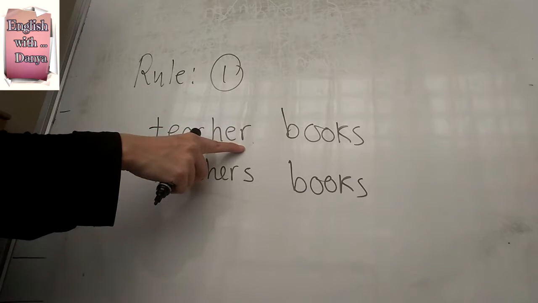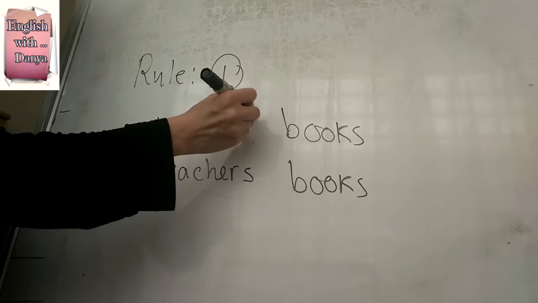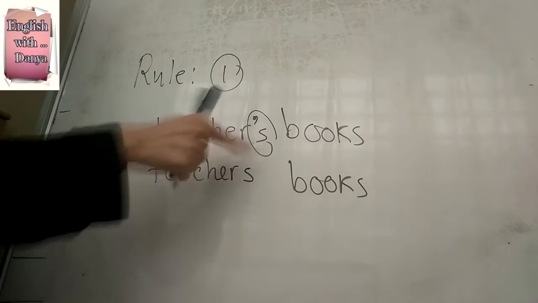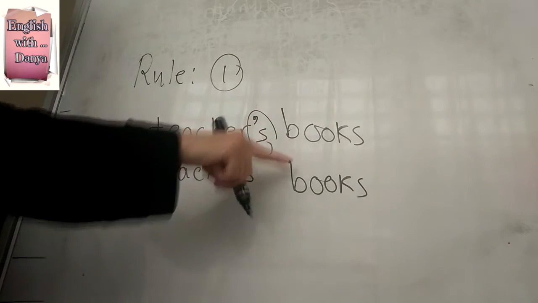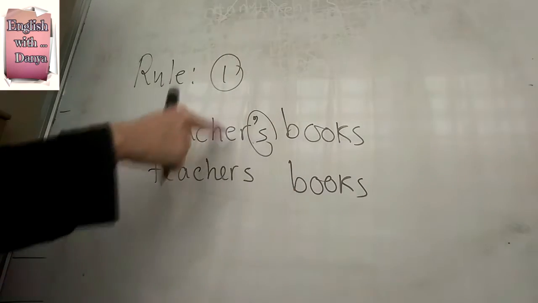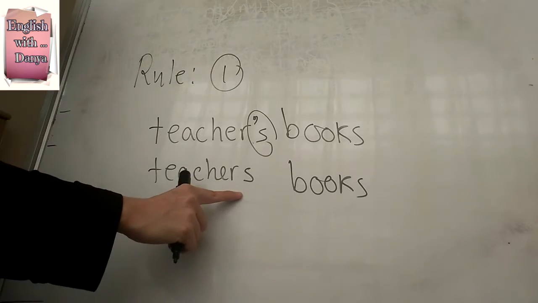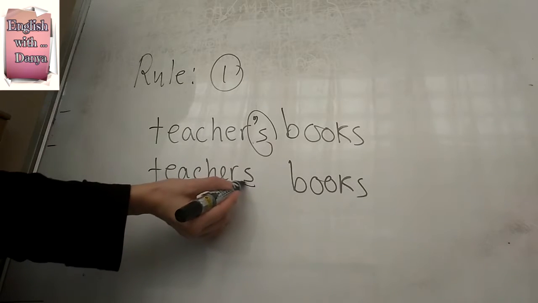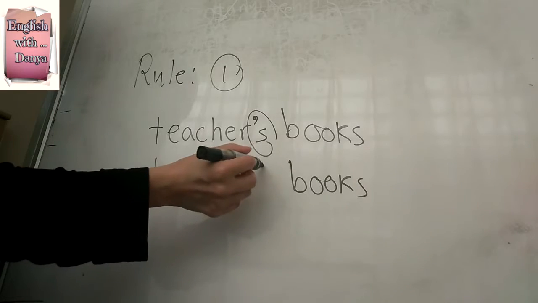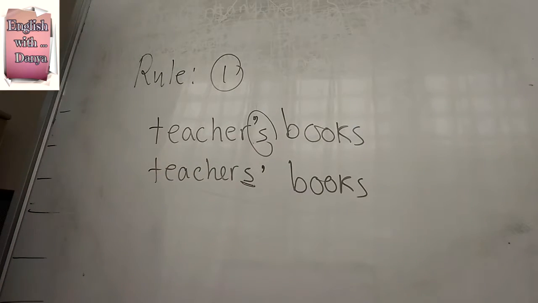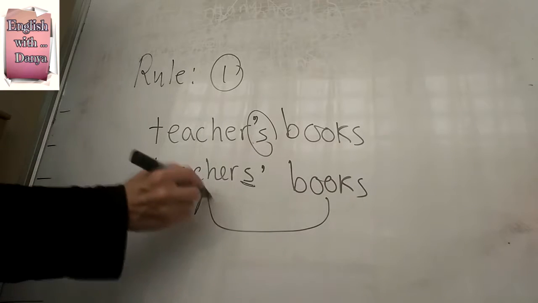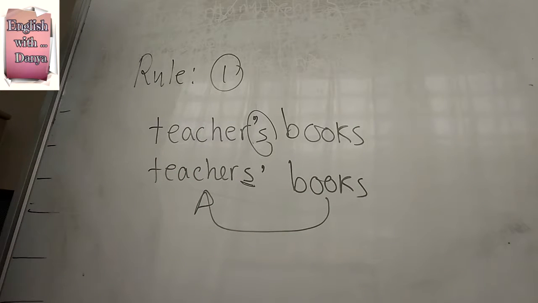Here, the last letter is R, so we can add apostrophe and s. Teacher's books. That means the books are only for the teacher. Let's look at teachers. The last letter is s, so in this case, just apostrophe. Teachers' books. That means the books are for the teachers. So this is rule number one.